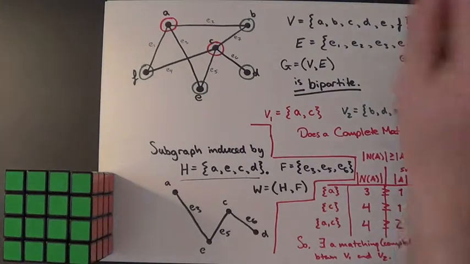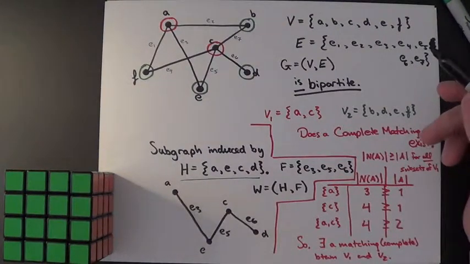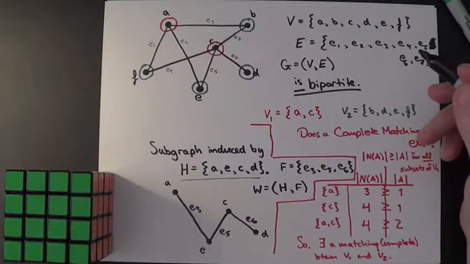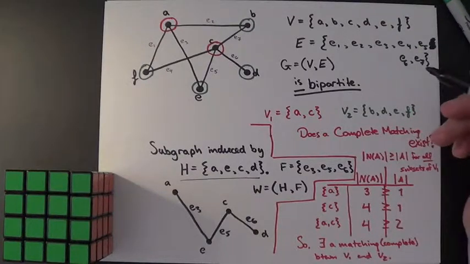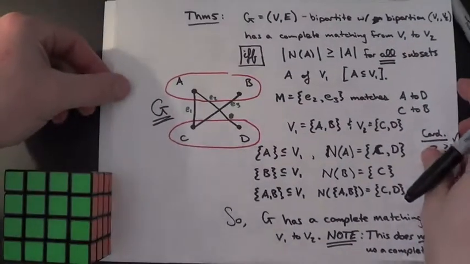Well, to find the complete matching, we need to look back at the definition of matching real quick. A matching of a subset is a subset of the edges where no two edges are incident with the same vertex. Okay, if we look back at some simpler examples as well, go ahead and throw down the very last slide here.